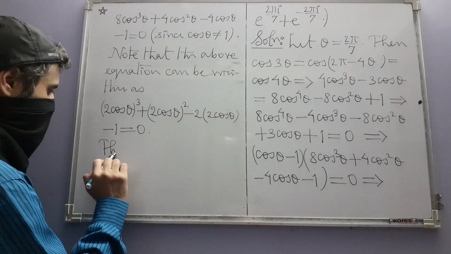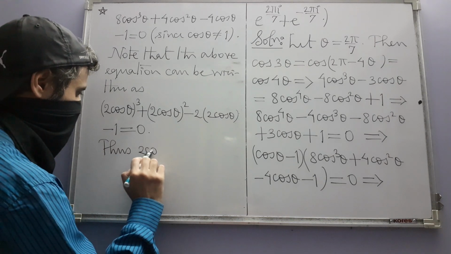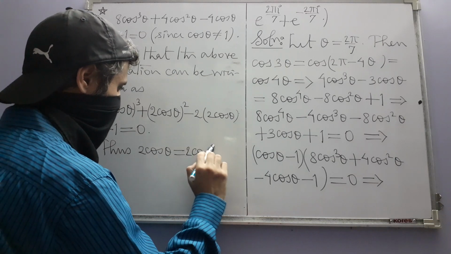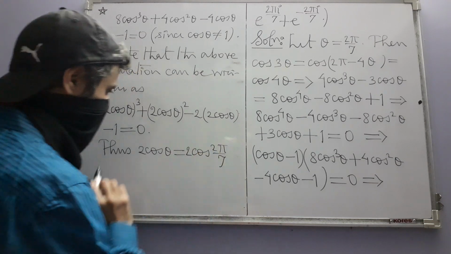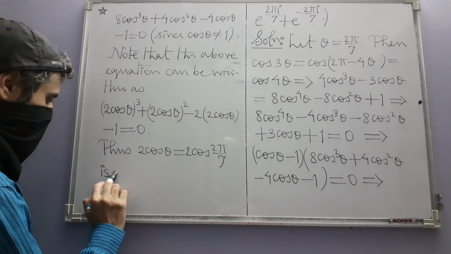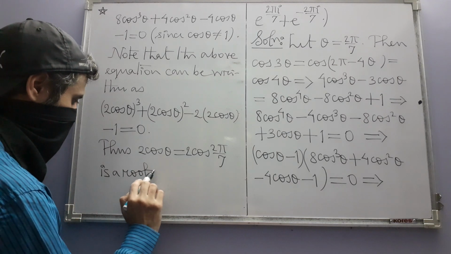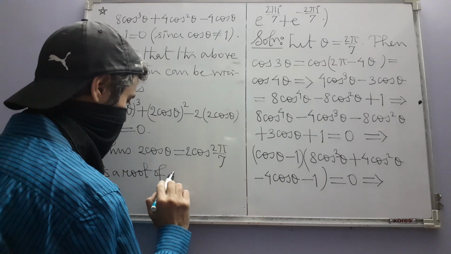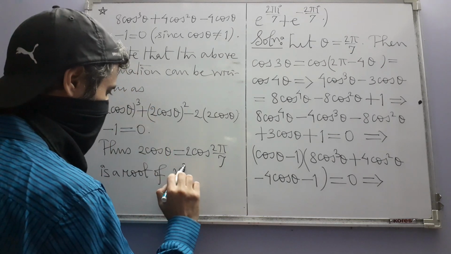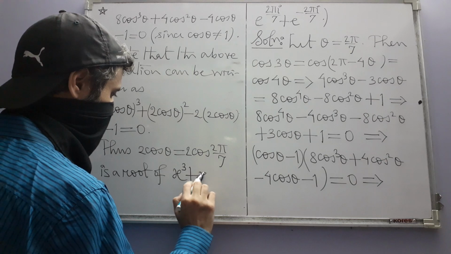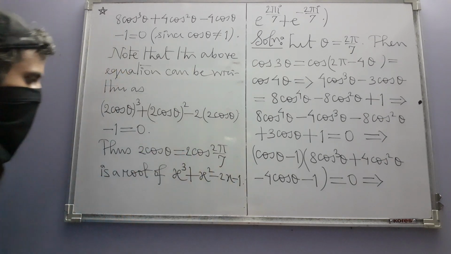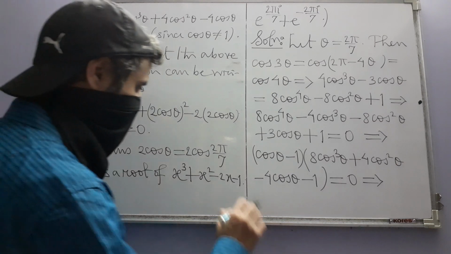Thus 2 cos theta, which also is nothing but 2 cos 2 pi over 7, is a root of or satisfies that polynomial, x cube plus x square minus 2x minus 1, and that's what we had to show, right?